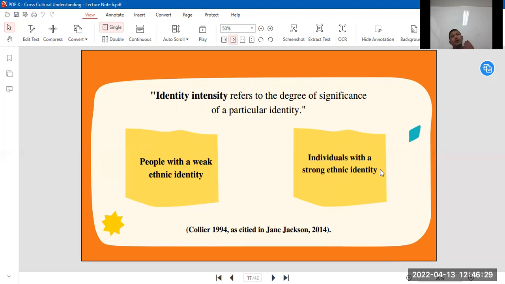We also have different clothes, a different lifestyle from the majority of people who have the same ethnicity.